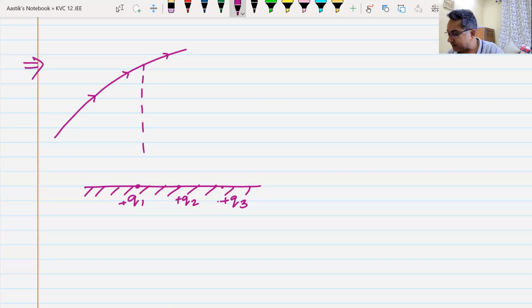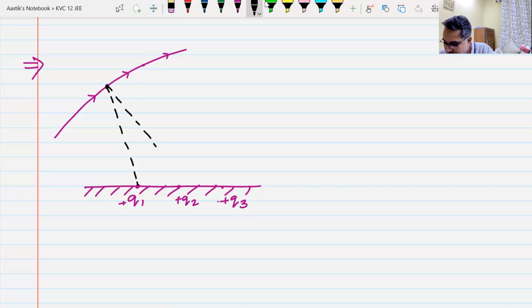Let me not take the point here. Okay, there is some point, let us say here, and I join these lines. These are straight lines. I hope you understand this.